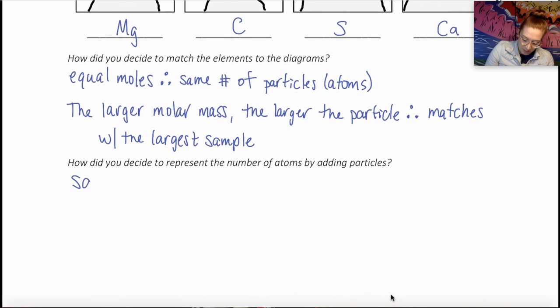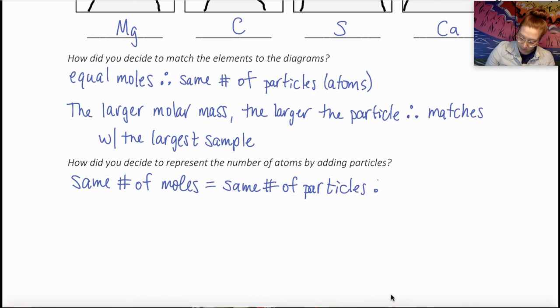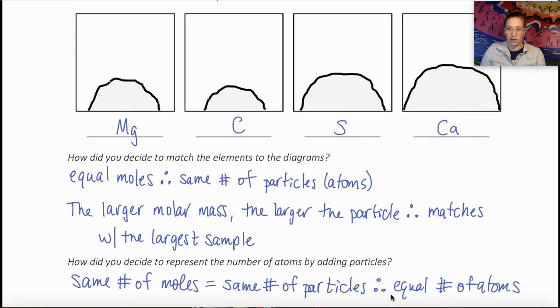If we have the same number of moles, we have the same number of particles. Therefore, equal number of atoms.